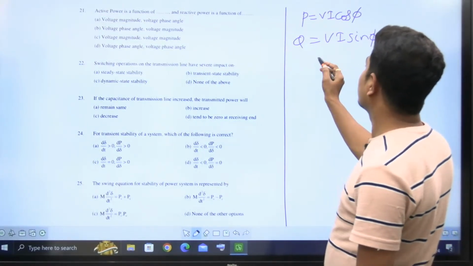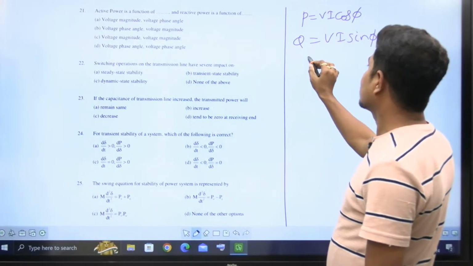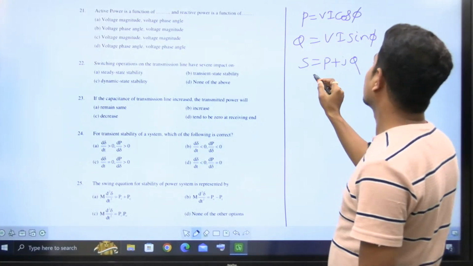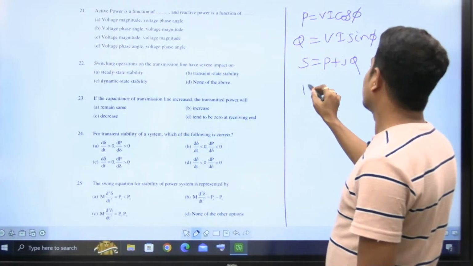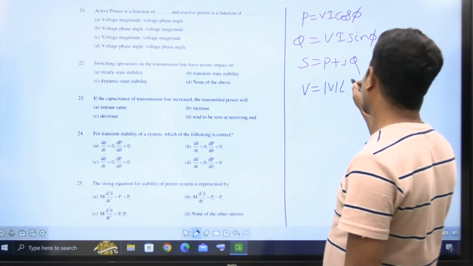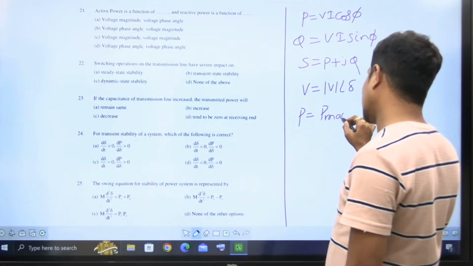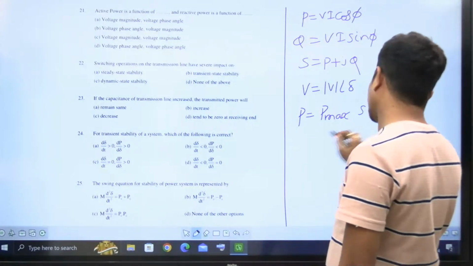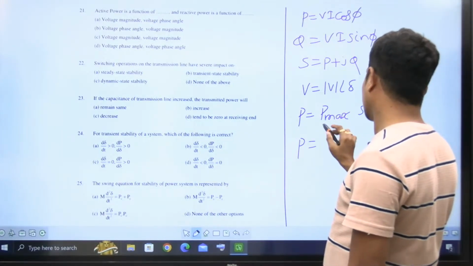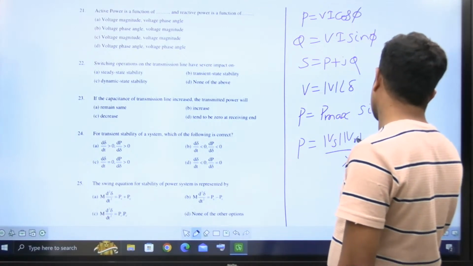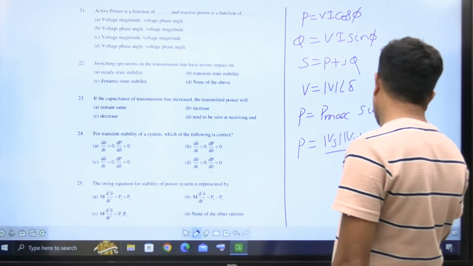This way we'll see. S is equal to P plus jQ. I can say V is equal to mod V at an angle delta. So Pe is equal to Pmax into sine delta. In this way we can write. So P is equal to mod Vs mod Vr by X into sine delta.